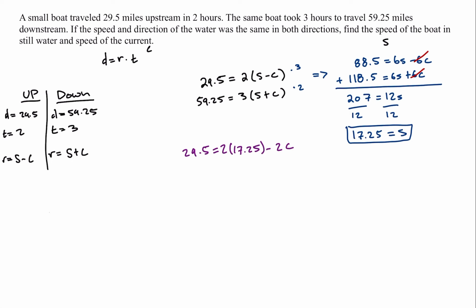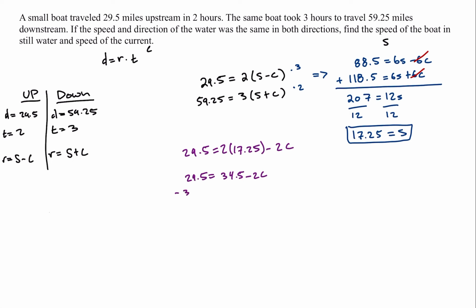So that gives me 29.5 is equal to 34.5 minus 2C. Then I've got to subtract 34.5 from both sides.